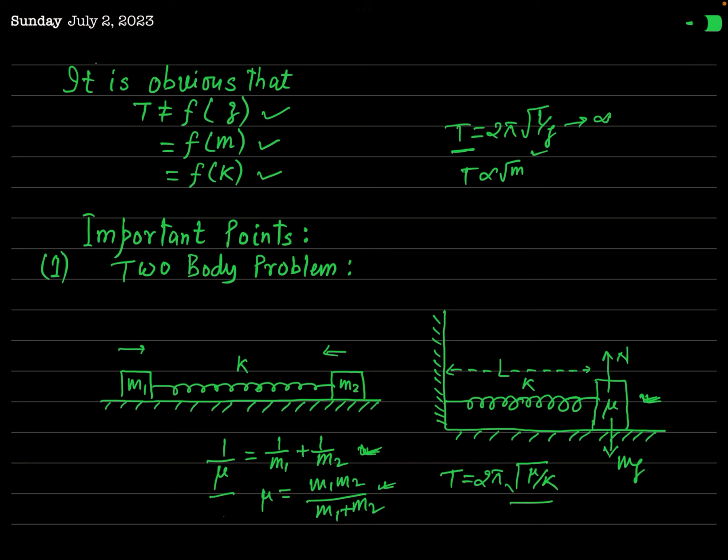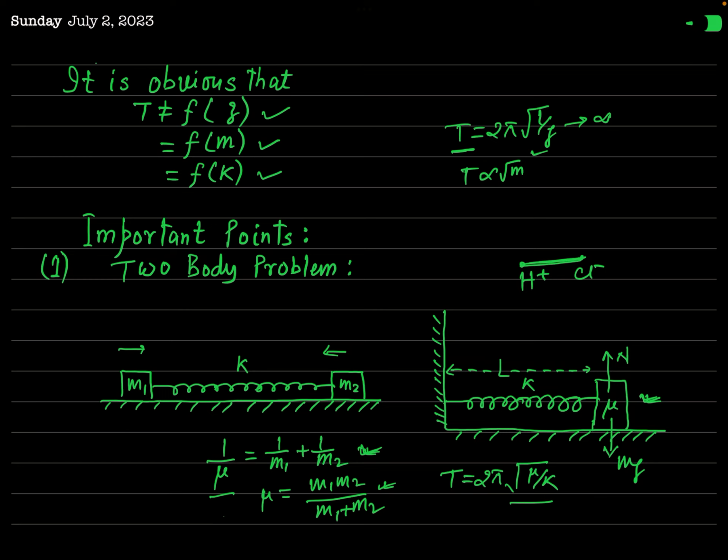Such a question is invariably asked in civil services examinations. I have particularly seen in the IFS examination, Indian Forest Service, a question was asked that there is a molecule of HCl, H plus and Cl minus, which is just like a dipole, and when its dipole moment changes, that is, the distance between H plus and Cl minus changes, it will oscillate, and what will be the time period.